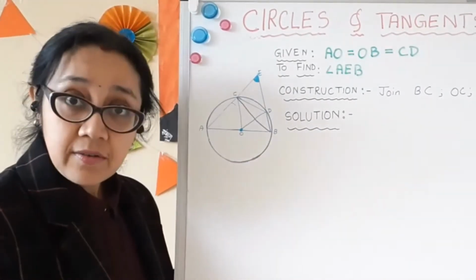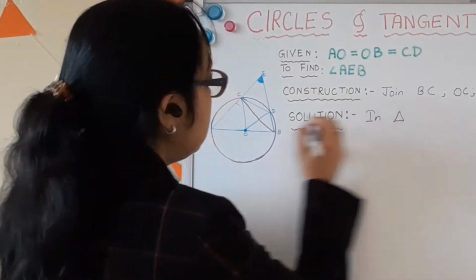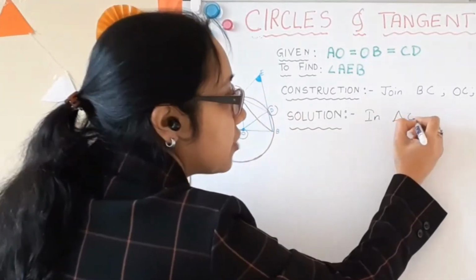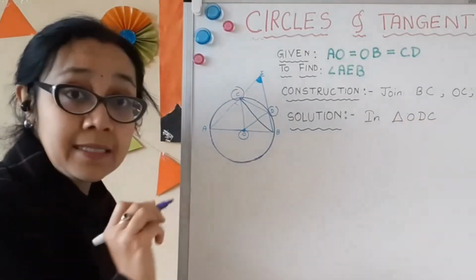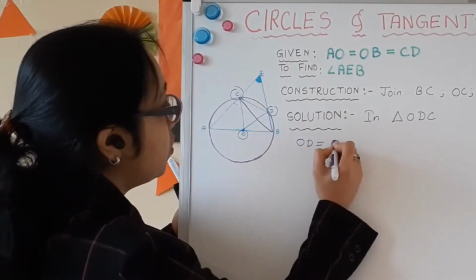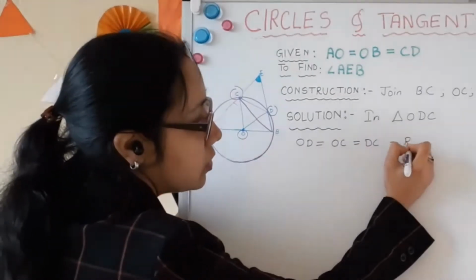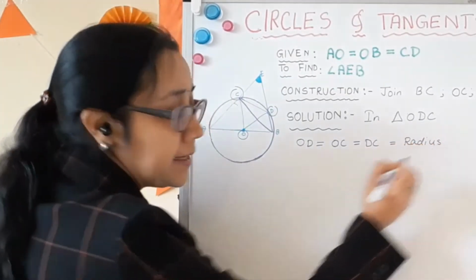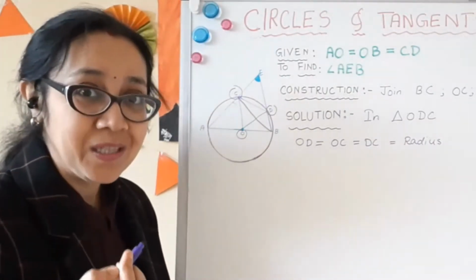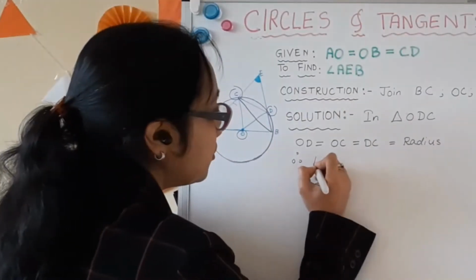Let's write it down: in triangle ODC, since all the sides are equal, OD is equal to OC is equal to CD is equal to the radius. All three sides of this triangle are equal, so it's forming an equilateral triangle.